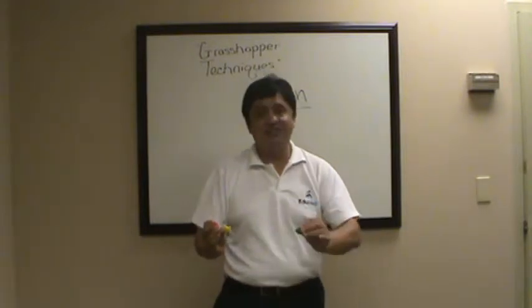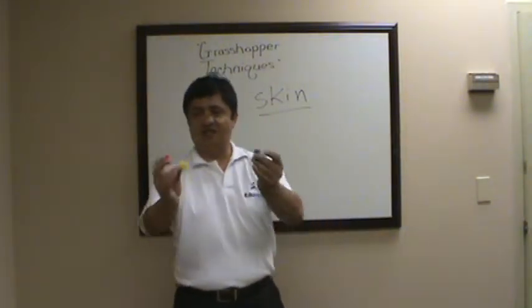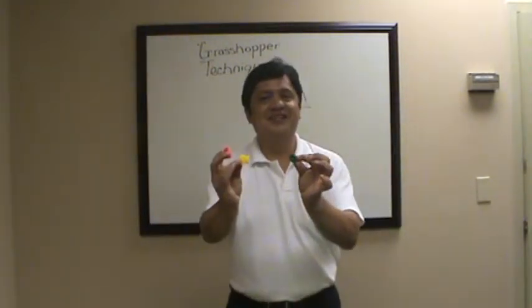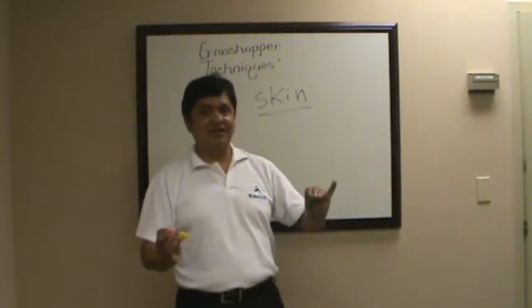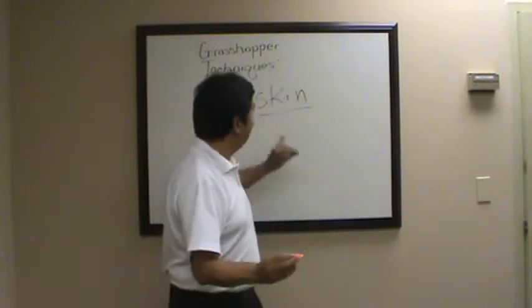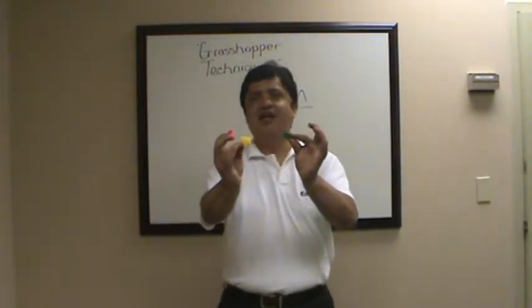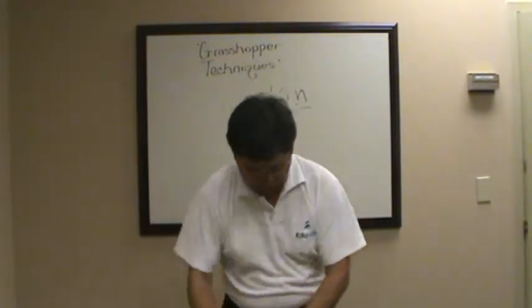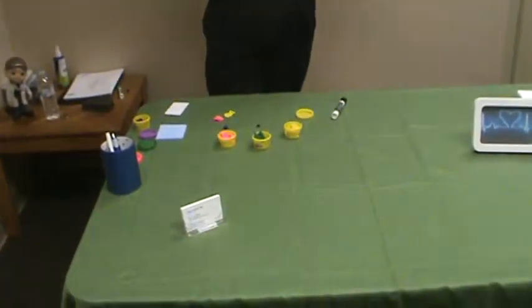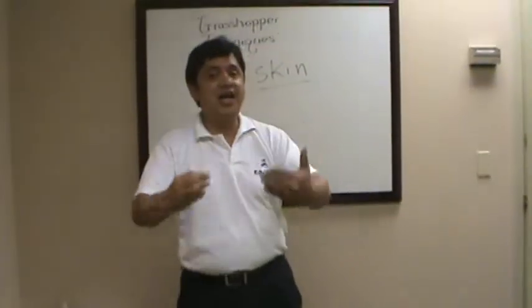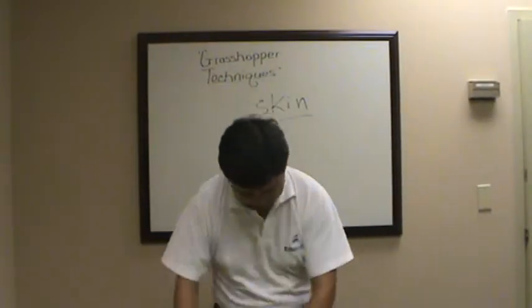I'm 100% positive that you will say 3. You don't even have to think about it, right? So you already learned the layers of the skin. How many layers? Say it. 3.